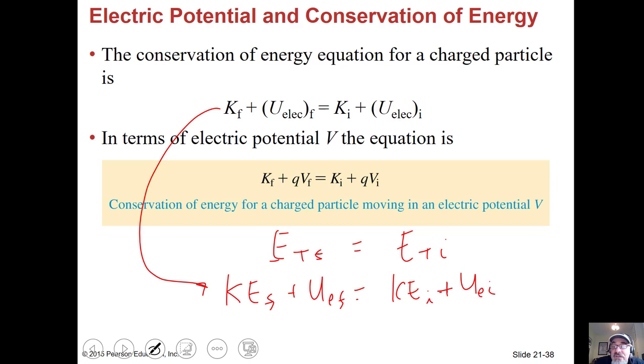And then electrical initial is this, Q times V. Electrical final is same thing, Q times V final. I use Ke for kinetic. The book uses K, but it can be kind of confusing if you have a spring with spring constant K.